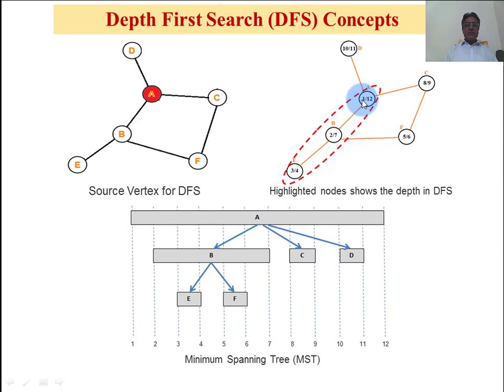The numerator of the fraction denotes the discovery time of the node, and the denominator denotes the ending or the final time of that node when it becomes part of the tree.